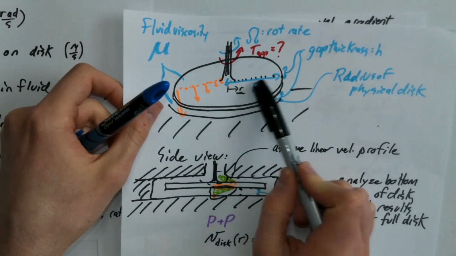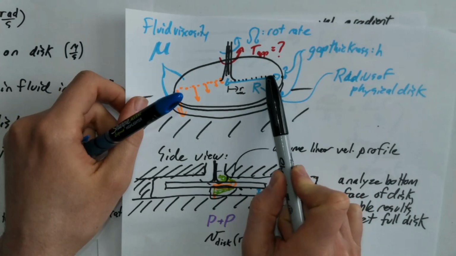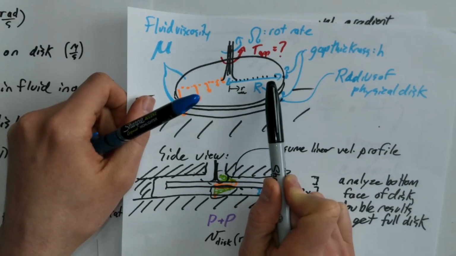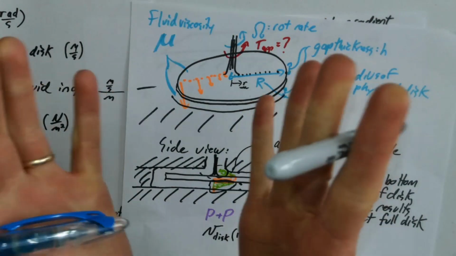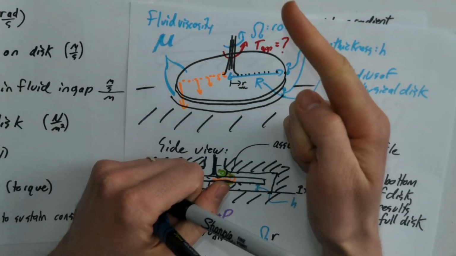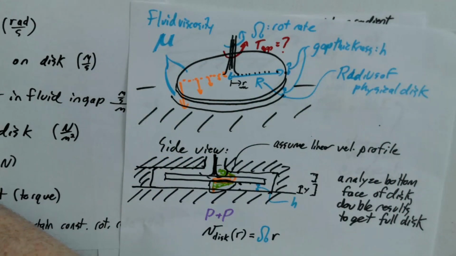And if we have a variable velocity gradient across the disk, this means that we have variable shear stress across the disk, variable forces from that shear stress, and variable moments from those forces. Oof, what a mess. Are we going to even be able to solve this? Yes. Persevere. We'll do this together.